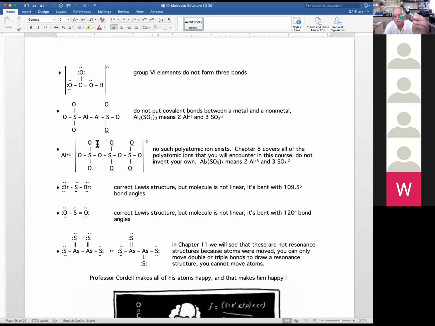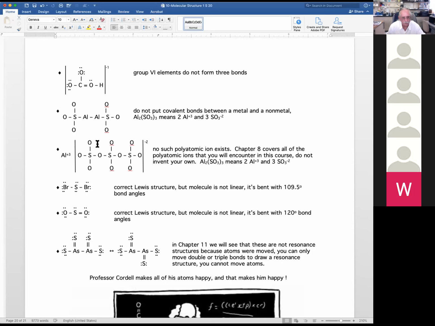I see. That's why it's bent. And if there was only one bromine atom, what would that look like? That would be diatomic. Yeah. You're talking like this, right? Oh, I see. Because the other electrons are out there. Therefore, it's not linear. Well, there's no central atom. Okay.